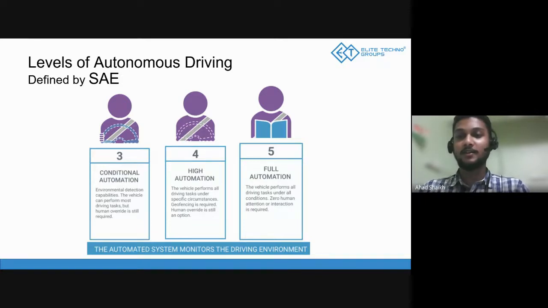Level 5 automation in places apart from cities, where there are different climatic conditions, is very difficult and challenging, and we have to come up with solutions.